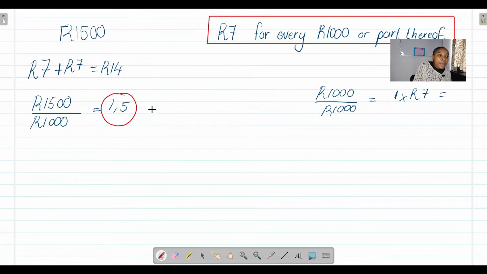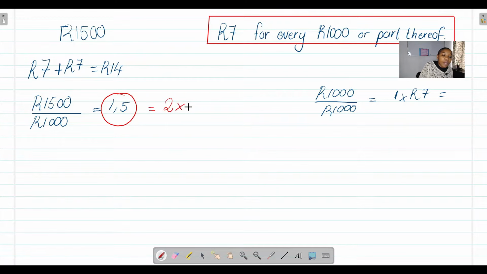And when we round it up, it is equal to 2. So when you withdraw 1,500, you will be charged the same amount that you would be charged if you withdrew 2,000 Rand. You will just take that 2 and multiply it by 7 to get your 14 Rand. That is what they mean when they say part thereof.